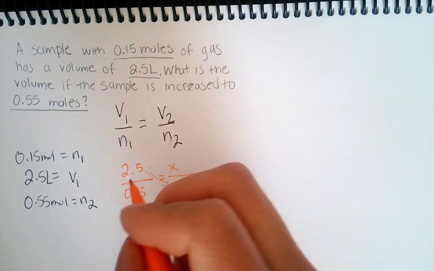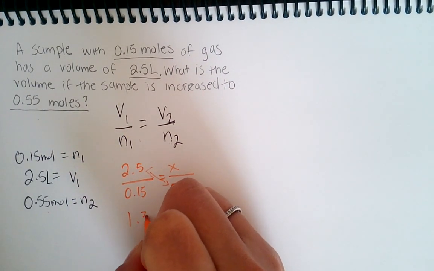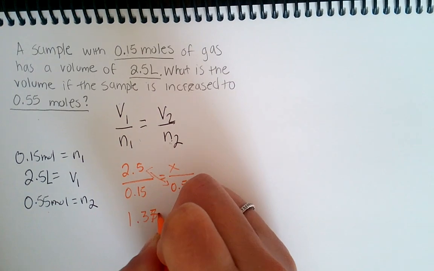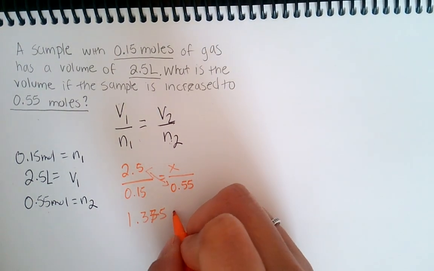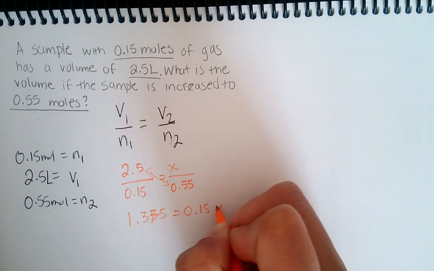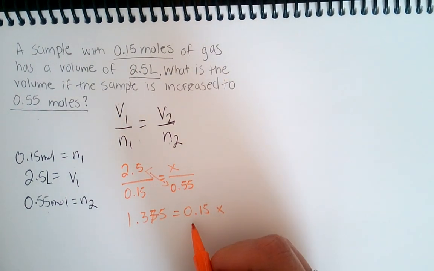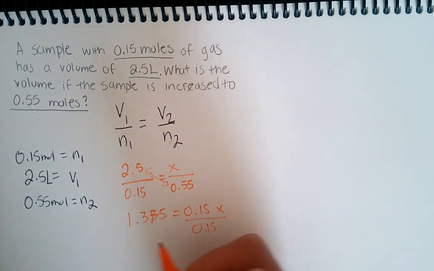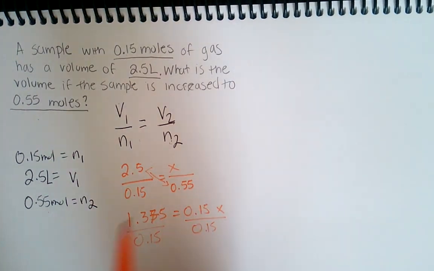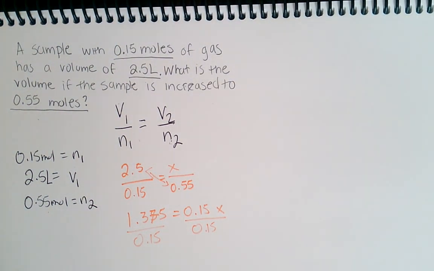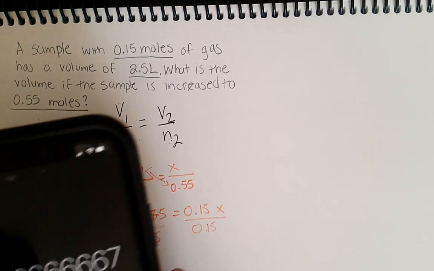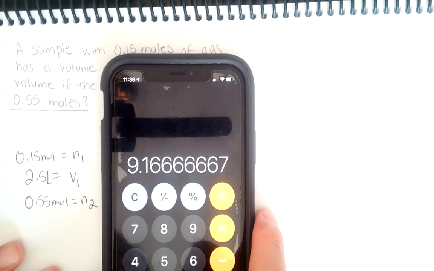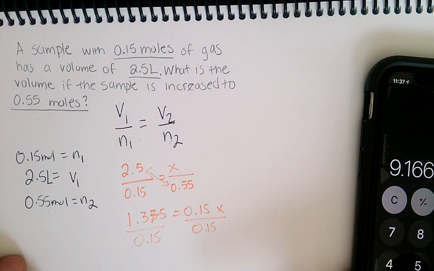So once you cross multiply this, you're going to get 1.375, and that's going to be equal to 0.15 times x. Now you want to solve for x, so obviously you're going to divide by 0.15. Okay, and now you should get a big number like this, 9.166666667.